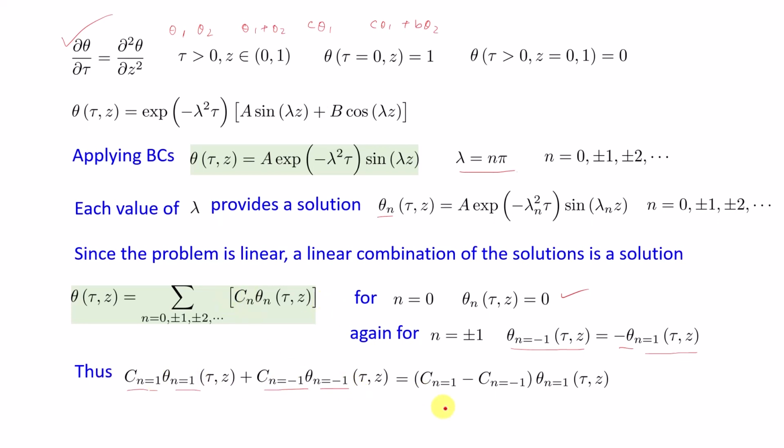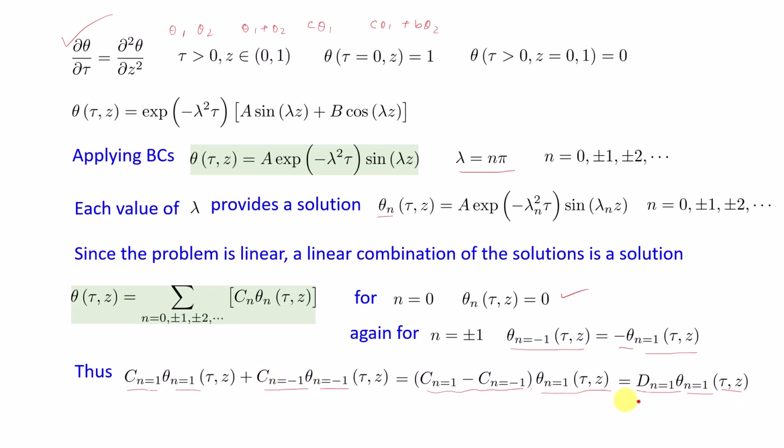Now I can take Cn equals 1 minus Cn equals minus 1 times theta n equals 1. So theta n equals minus 1 I can remove, because it is the negative of theta n equals 1. So I can cut out half of these n's actually. But now my constant has changed. It is now a new constant, so I give it a new name: d n equals 1, theta n equals 1, tau z.